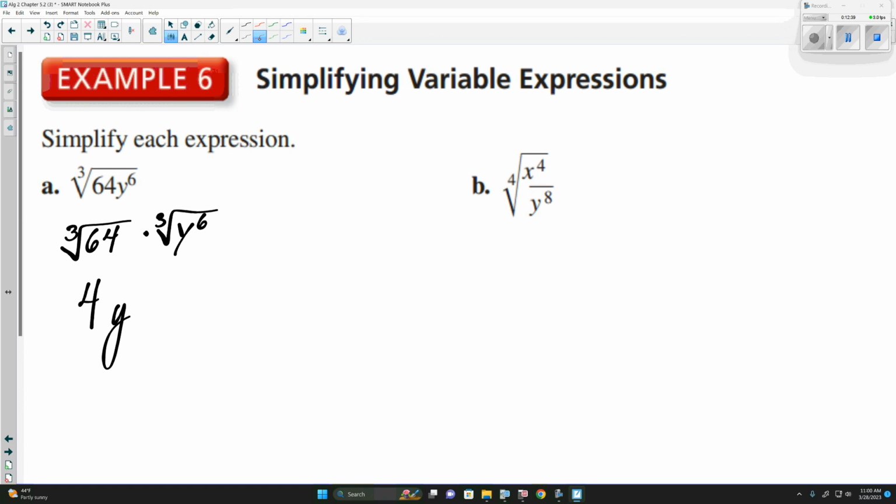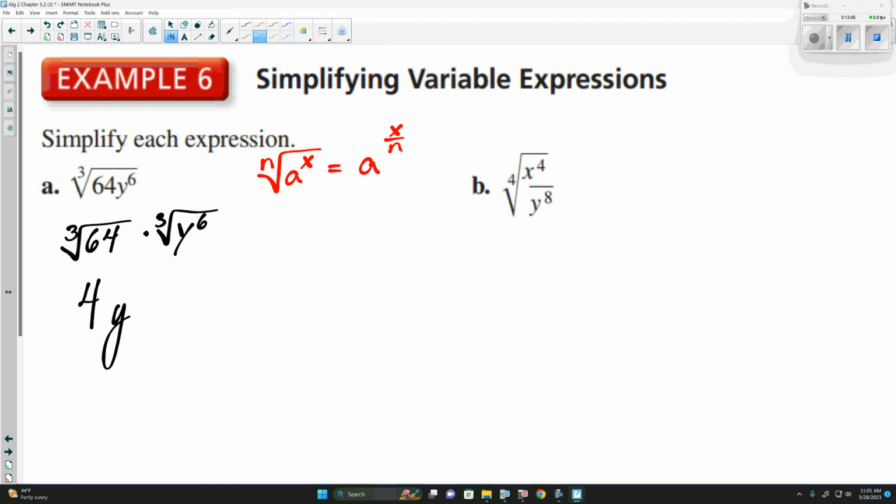So what we can do is rewrite it as a fractional exponent. And our property with this here is the nth root of a to the x is equal to a to the x over n.